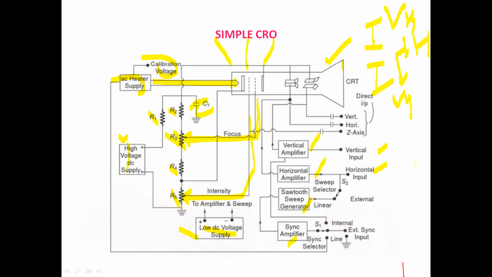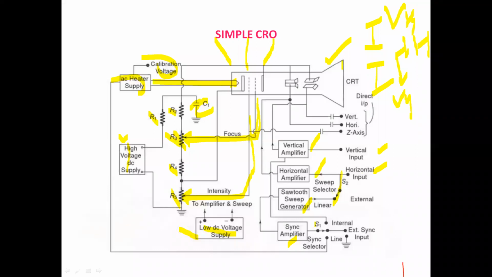Okay, next, look here at the switch S2. The switch S2 is connected to the linear position. This connects the sweep generator output to the horizontal input.